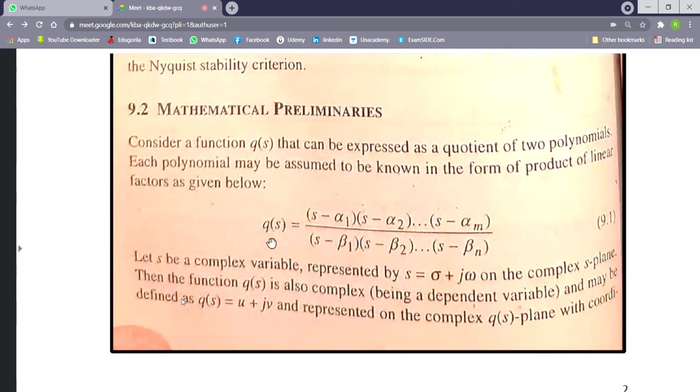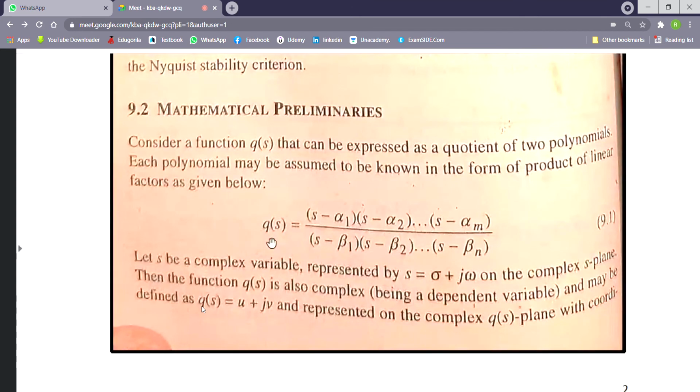I guess you know the meaning of singular point. Do you know the meaning of singular point? Yes, ma'am.